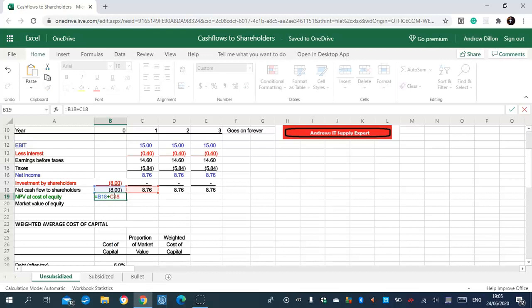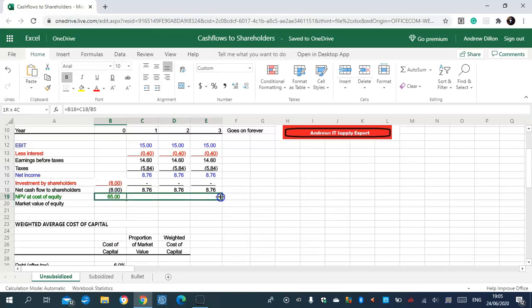So B18 plus C18 divided by B5. Looks like it doesn't require all answers, it only requires one answer. Okay, so just the B5 then.